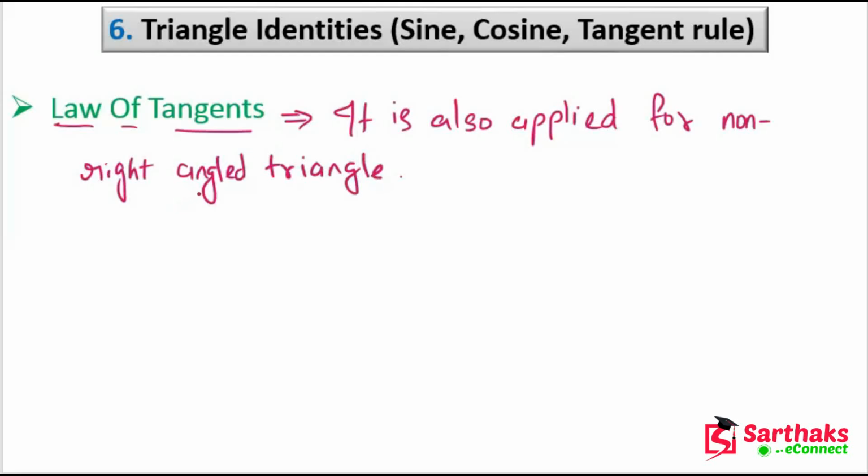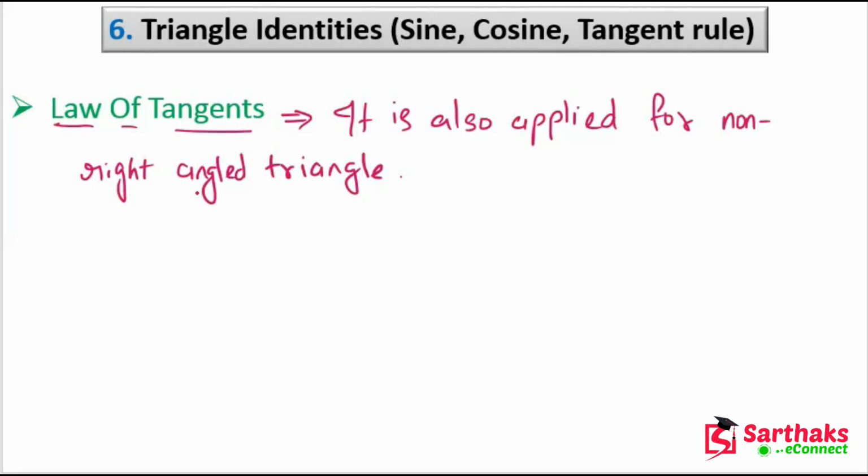It is equally as powerful as the law of sines and the law of cosines. It can be used to find the remaining parts of a triangle if two angles and one side, or two sides and one angle are given, which are referred to as side-angle-side or angle-side-angle.